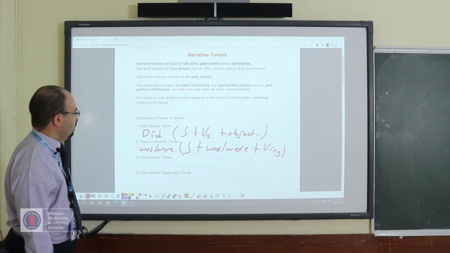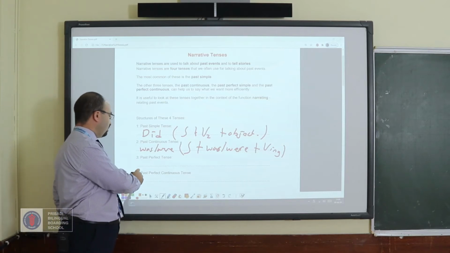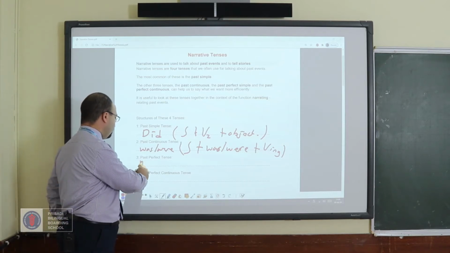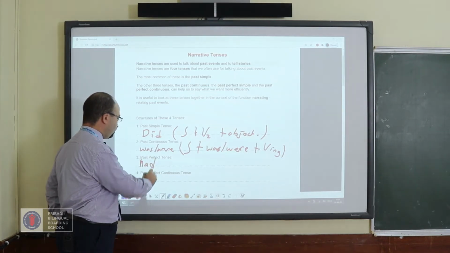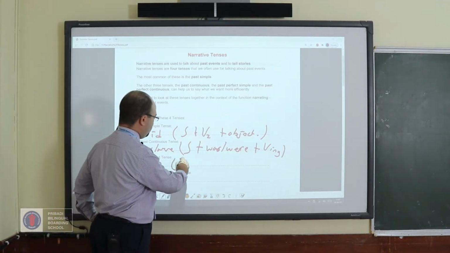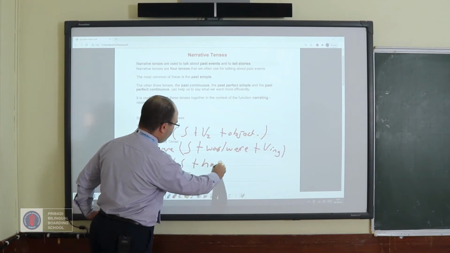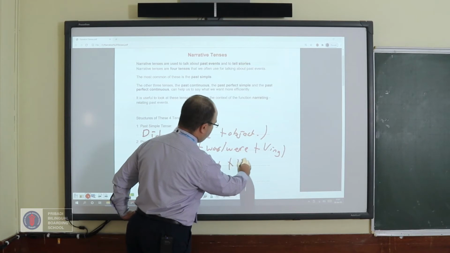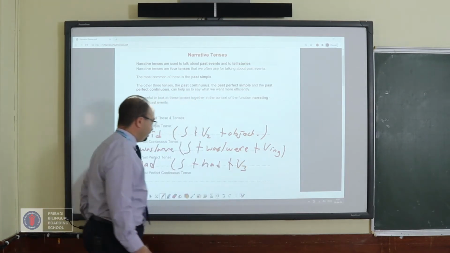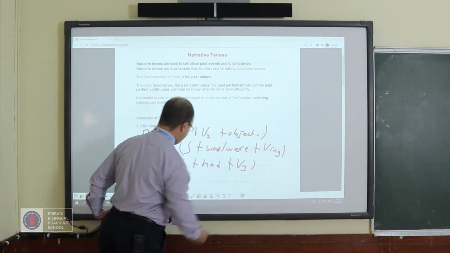And past perfect tense, the common feature of this tense is had. The formula is subject plus had, then past participle, or shortly we say V3, verb 3.